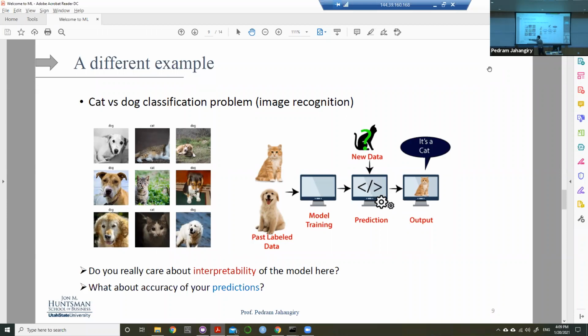Now answer this question. Do you really care about interpretability of the model? Now you can say, I don't care. Just give me a model. At the end of the day, that model tells me if it is a cat or dog. Do you care how I got there? Do you want to interpret anything? No. Hedge fund manager Ryan, he was working at a Wall Street company, and he just wants to make money.